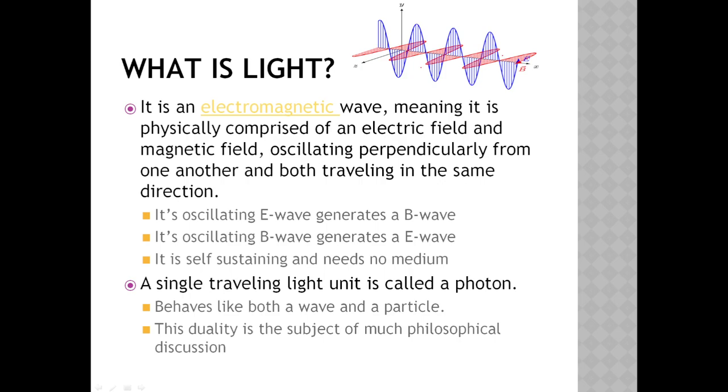There's no matter involved in it. Light isn't made of matter. It doesn't require matter to exist. This is literally a form of energy that can move from point to point and be fired in the form of a photon laser beam. It doesn't need matter to exist, and it's not made out of matter. It is literally traveling energy in the form of these two oscillating E and B fields.